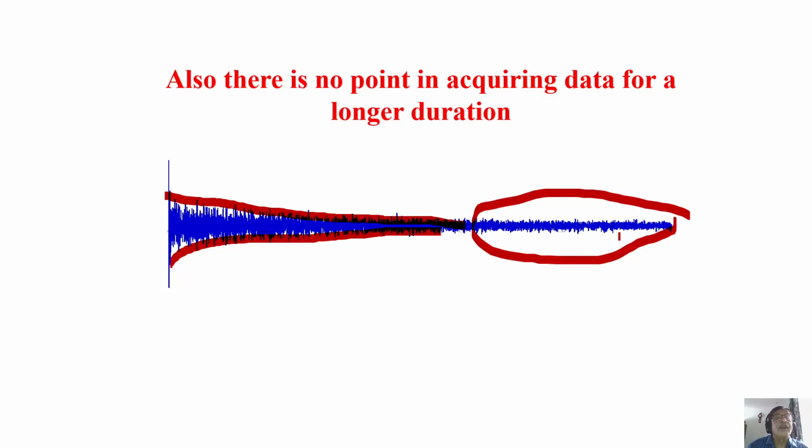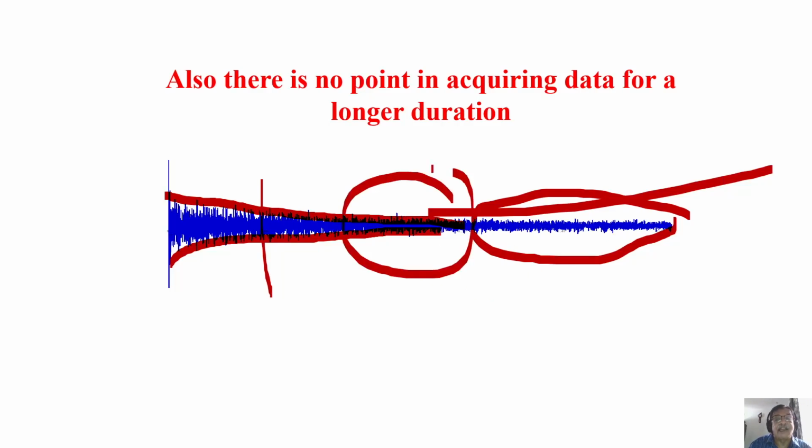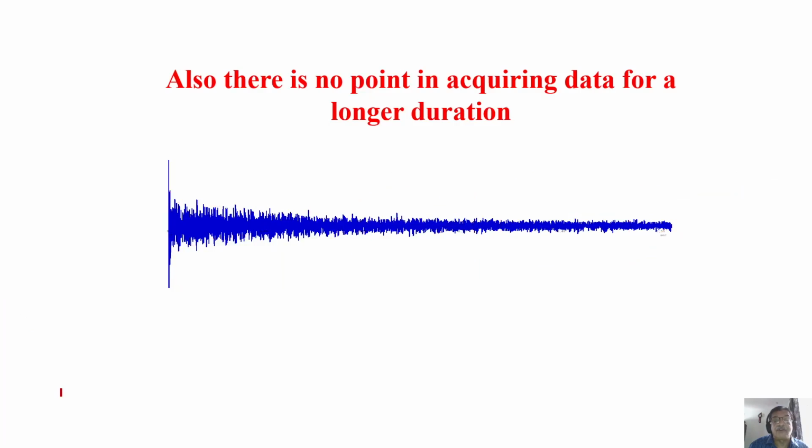So that also has to be optimum. You cannot collect the signal only for a short duration so that the FID gets truncated. At the same time, you cannot keep on acquiring the signal for a longer time even after the signal died down, because you will be simply picking up the noise. Then your signal to noise ratio will not be very good. It will go down. If you have more noise, your signal to noise ratio will come down.